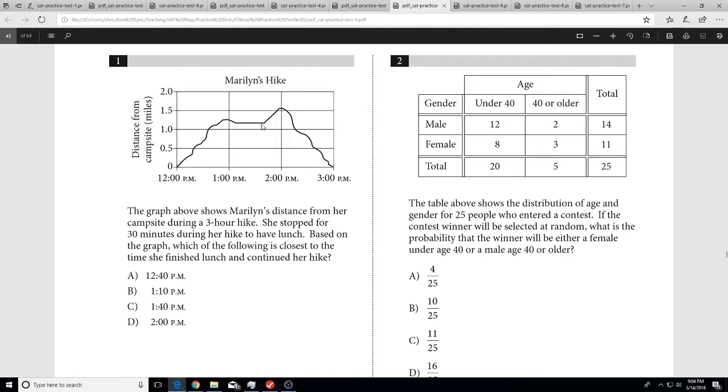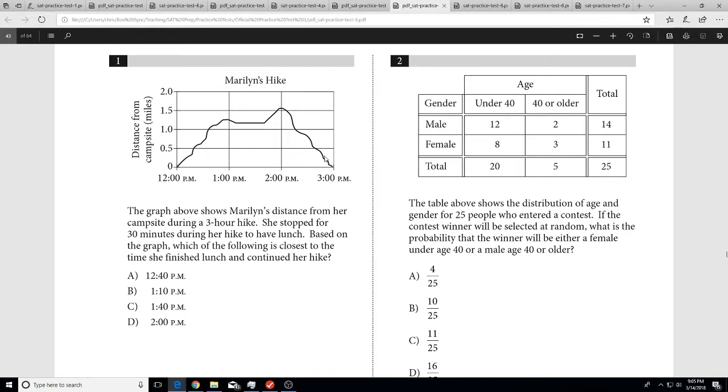Right here, the distance from her to her campsite is the same. So as time is passing from maybe like 110 to 140, during that time period she's not moving. Well, it's probably safe to assume that's when she stopped to have lunch. If she's not getting any further or closer to her campsite, she's not moving.